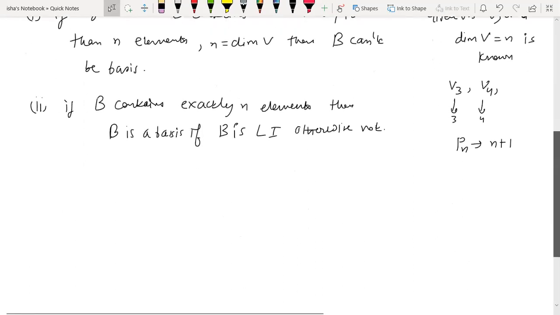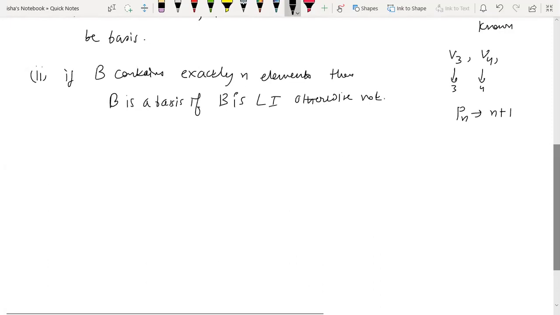So now we are moving towards a different kind of question, in which we are supposed to find a dimension. We will be given vector spaces whose dimensions are not known to us, so we will need to find the basis as well as the dimension.